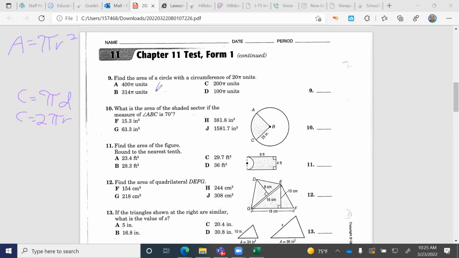So plug in, we have area equals pi 10 squared. When you multiply that, 10 squared is 100. So we get 100 pi. Or if we multiply out pi, we get 314.